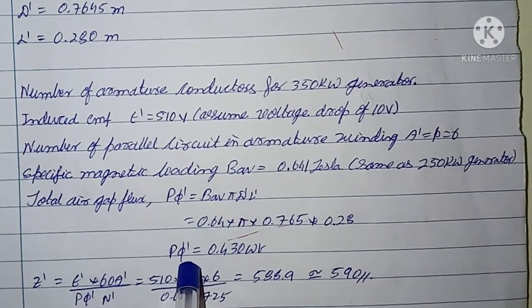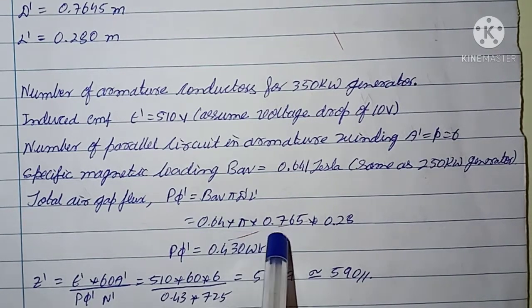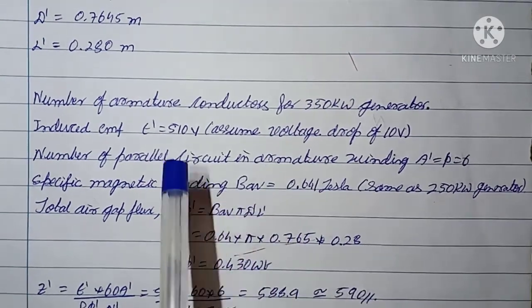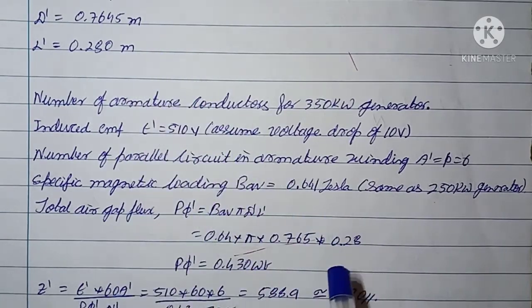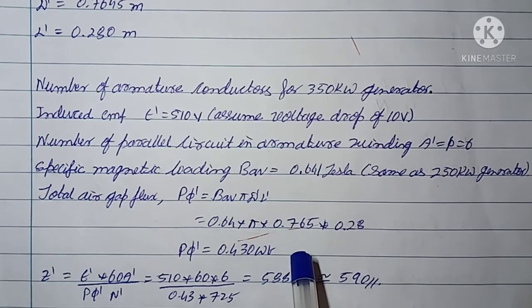So from this we'll find out phi dash. B av into pi d L is the same as earlier; these two values have been taken here. So phi dash we get to be 0.430 Weber.